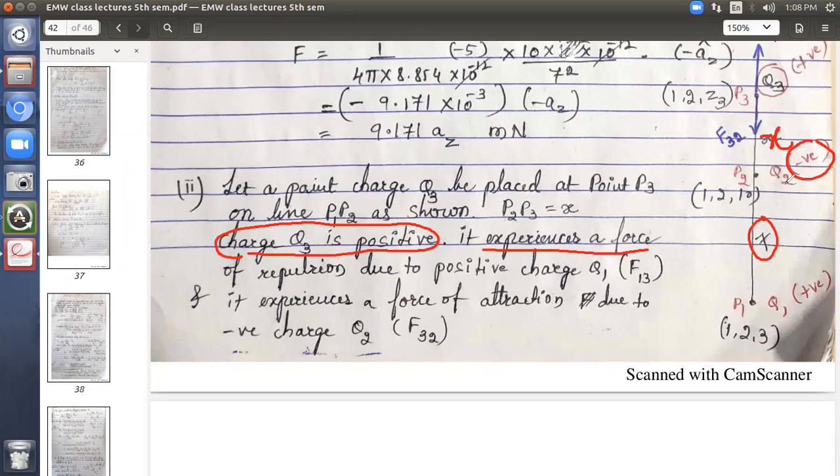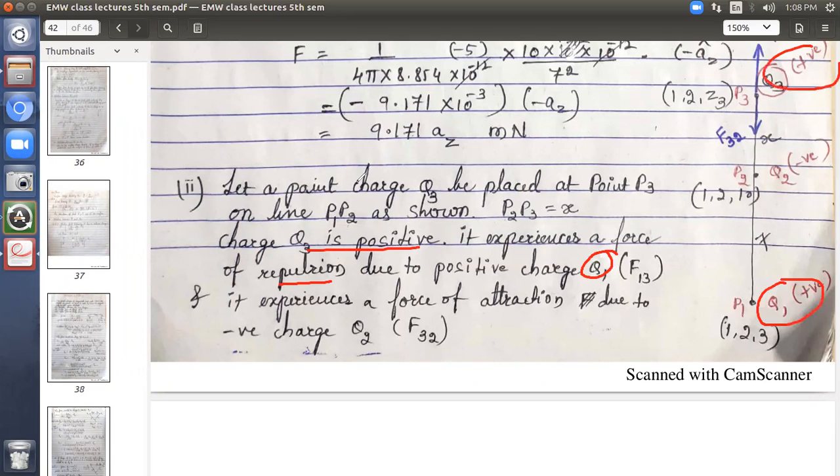Because of Q2 it will experience an attractive force, and because of Q1, which has a positive sign, and I have assumed Q3 as positive, a repulsive force will exist. That's what I have written here. Q3 is positive and it experiences a force of repulsion due to Q1, because both signs are same, and it experiences a force of attraction due to the charge Q2 because it is negative.